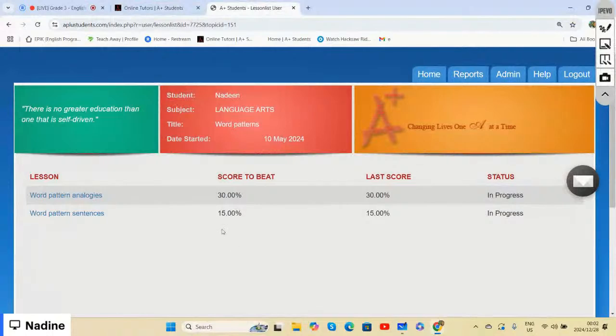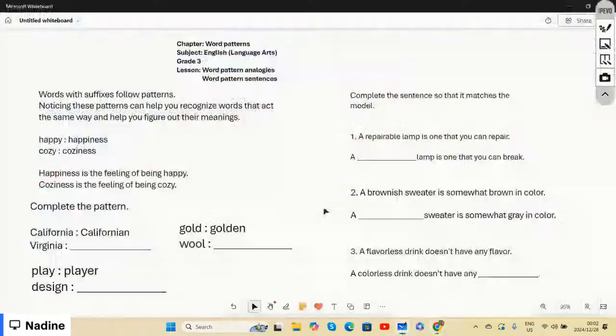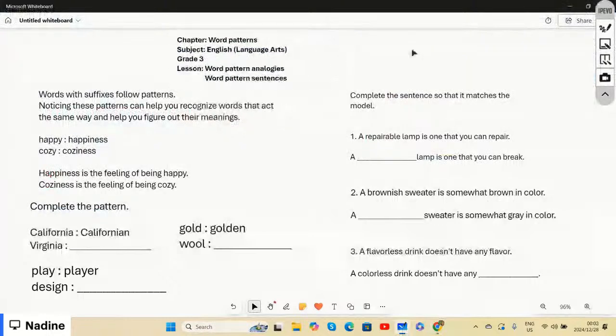All right. So we're doing word patterns. Our chapter is word patterns, our subject is English Language Arts, and we're doing grade 3.